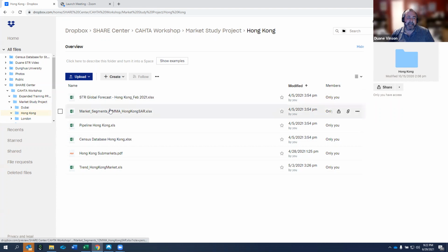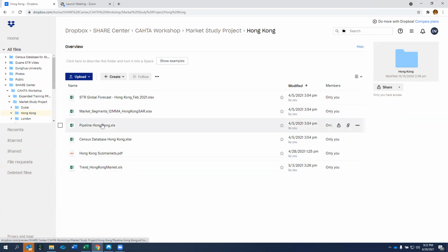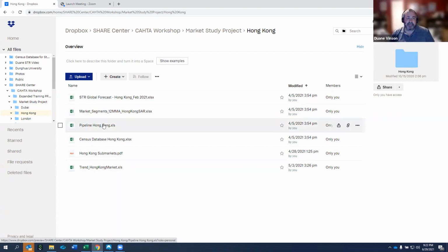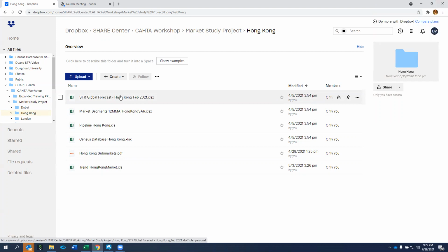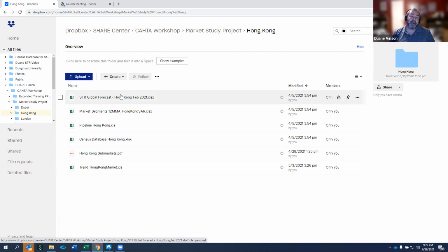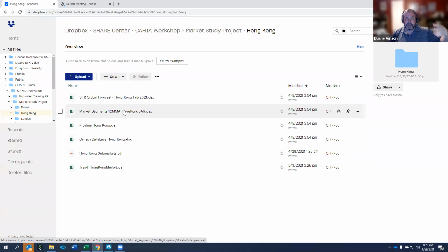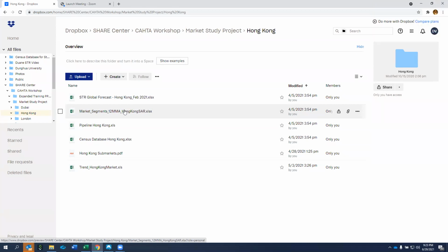You have a trend report, you have a pipeline report, you have a forecast report, which you don't necessarily need to use, but it's there if you'd like to. And if you want to look at it, I encourage you, check it out. And then you have a market segments 12-month moving average file. This is the latest market, sub-market, scale, class, location, size data for your market.